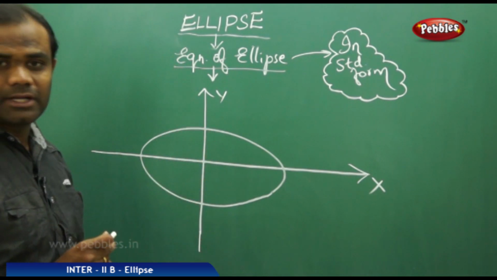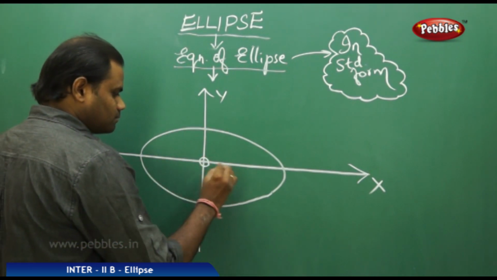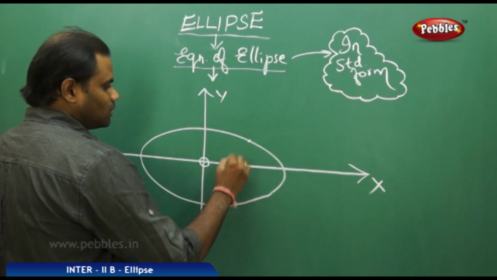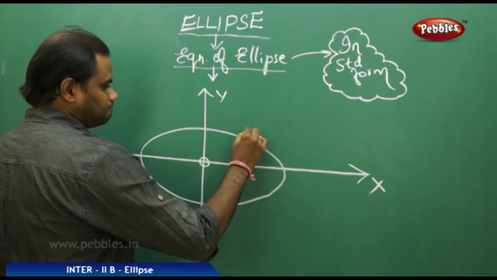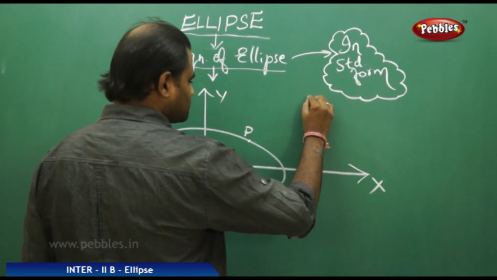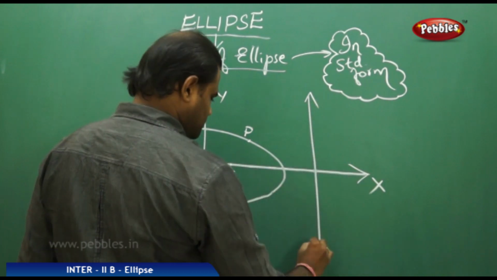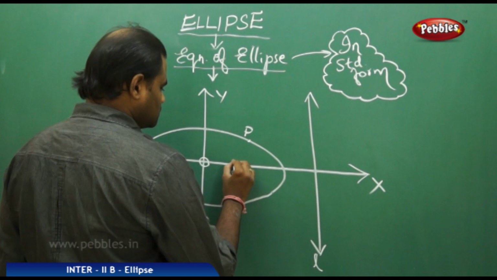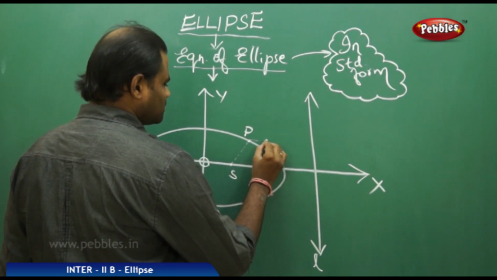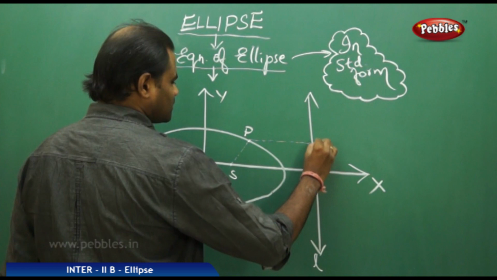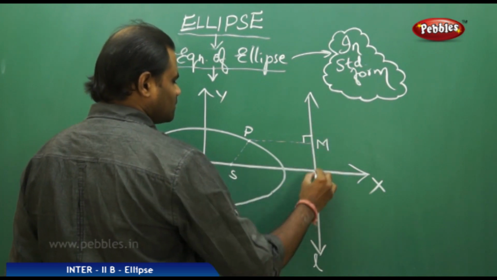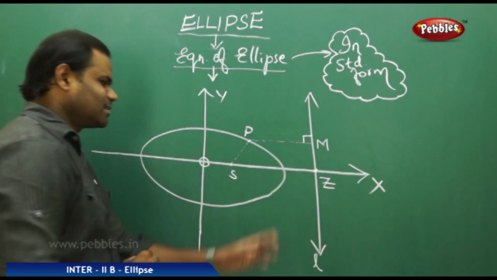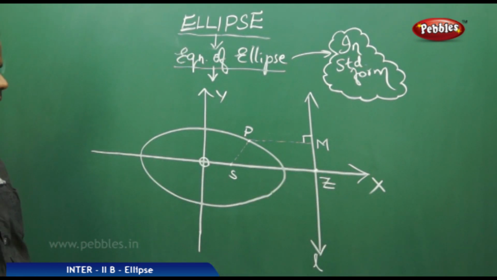This is exactly in the center, where this is the origin, and this is the focus, and this is the point on the ellipse, and this is the directrix L, and this is joined by SP and PM, and this is the point of intersection of the axis and the directrix.